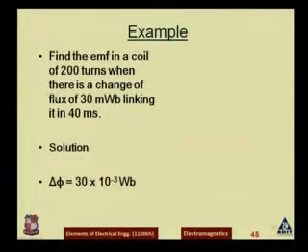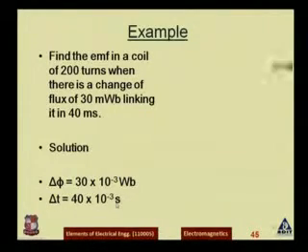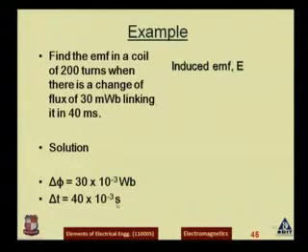How much is the flux? It is 30 milliweber, so first you have to convert it into weber. So it will be 30 times 10 raised to minus 3 weber. The time over which I am changing the flux, delta t, is equal to 40 milliseconds, so 40 multiplied by 10 raised to minus 3, that is in seconds now. So how can I find the induced EMF?